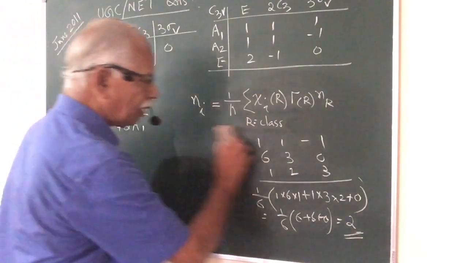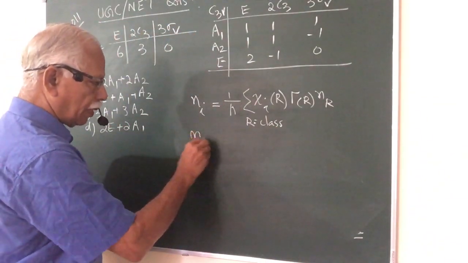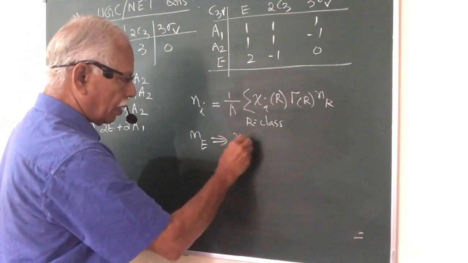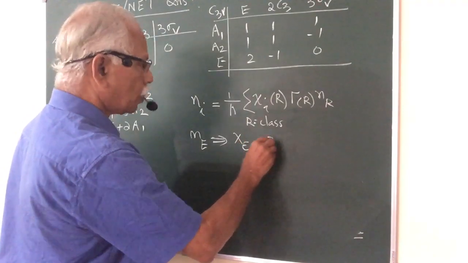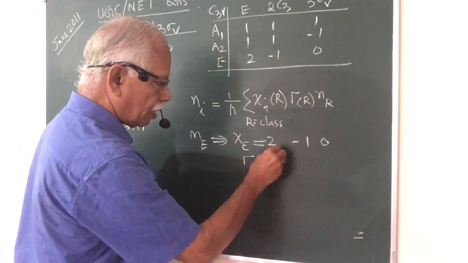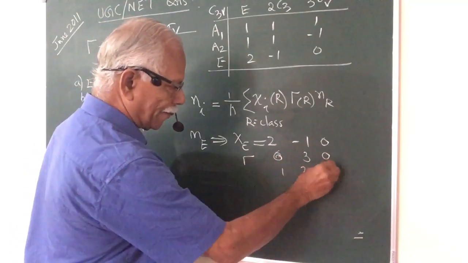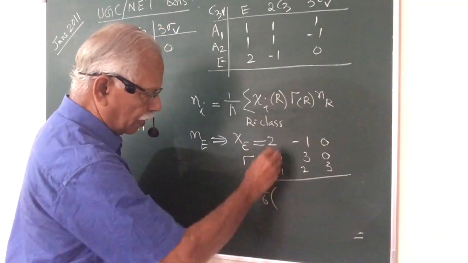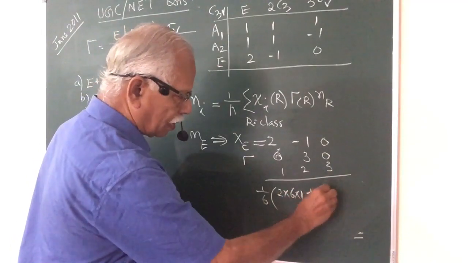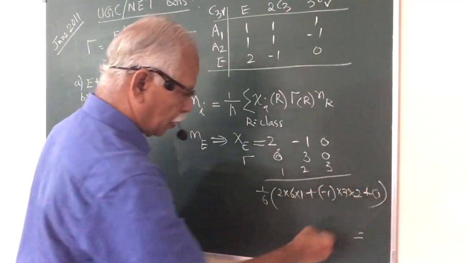Then how many E type are there? The number of E type irreps: character of E is 2, minus 1, 0, reducible representation 6, 3, 0, number of operations 1, 2, 3. So 1 by 6 into 2 into 6 into 1, plus minus 1 into 3 into 2, plus there is 0 here, so I will put 0.